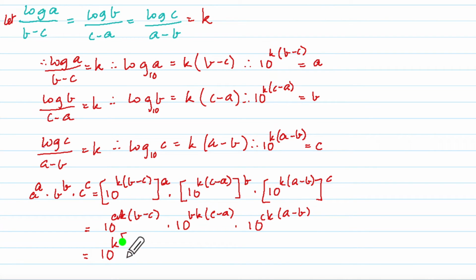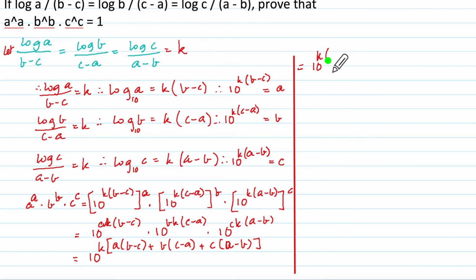So k into box bracket a into b minus c plus b into c minus a plus c into a minus b, and when you open these brackets, ab minus ac will be from the first term, plus bc minus ba, and here plus ca minus cb.